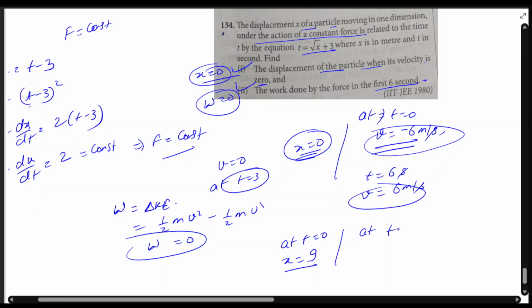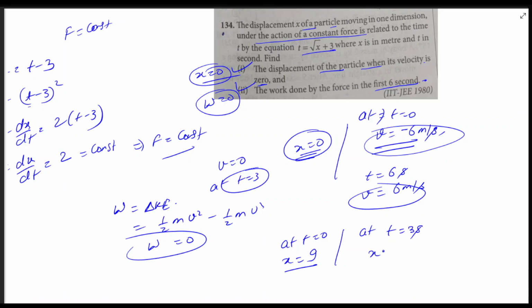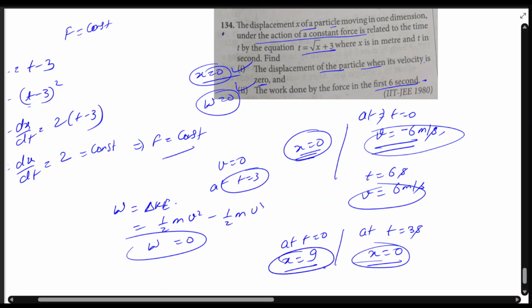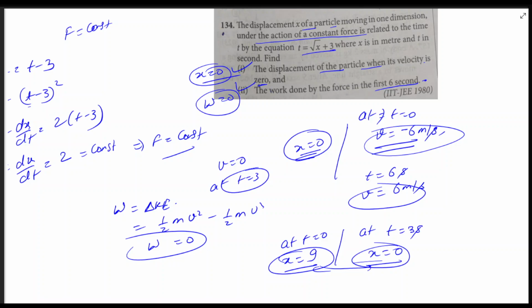Now at t equal to 3 seconds, x is 0. So the net displacement from 0 to 3 is 9. Now we are saying the displacement of the particle when velocity is 0 is 0. So look, we are not talking about displacement. It is saying the position, actually, the position of the particle.